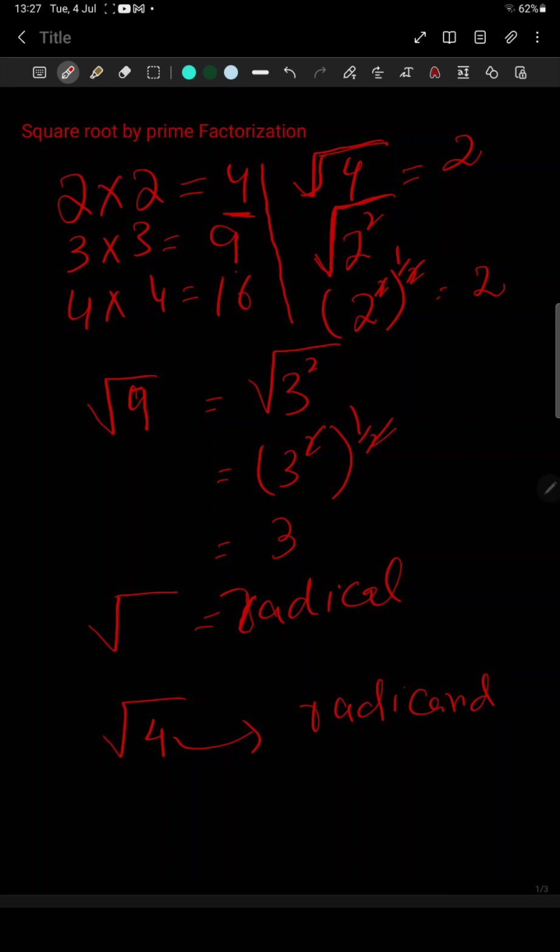Now we will learn how to find out the square root of a number by the method of prime factorization. For instance, our number is 324. So how to find the square root of this number by the method of prime factorization? We know the method of prime factorization. We have already done it. We can do it like this: 324.